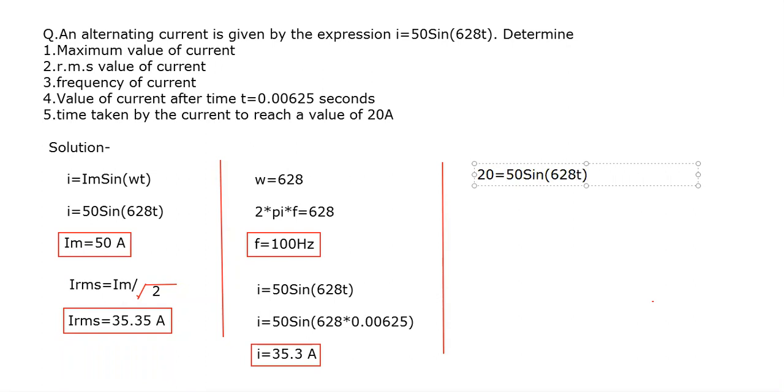Okay. Now 20 by 50 is what? By solving this, sin 628t is equal to 20 by 50. 20 by 50 is 0.8.